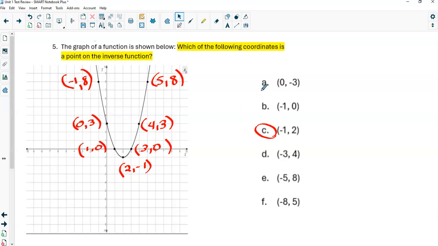Which one of these is here but backwards? Notice if I read them backwards, 8, negative 1. Is it here? Nope. 3, 0. Is it here? No. 0, 1. Is it here? 0, negative 3. No. Negative 1, 2. Ooh, here it is. So C is my answer.